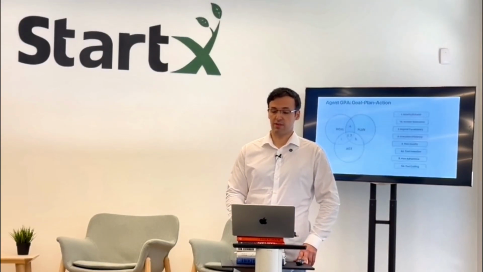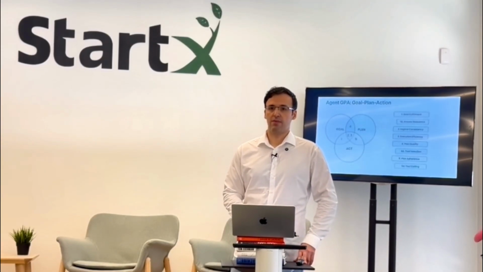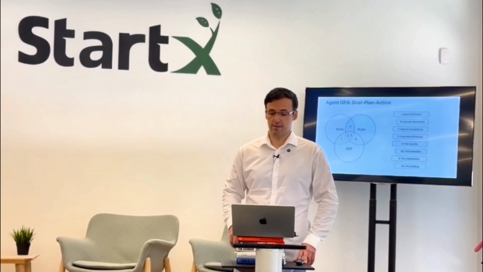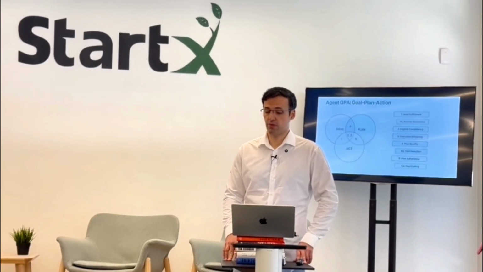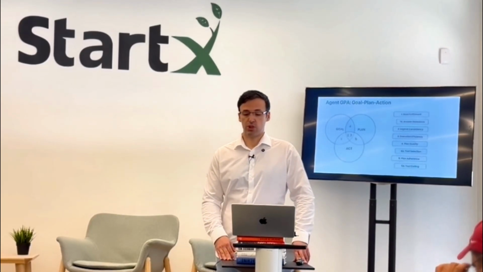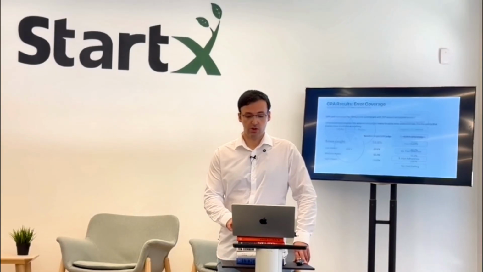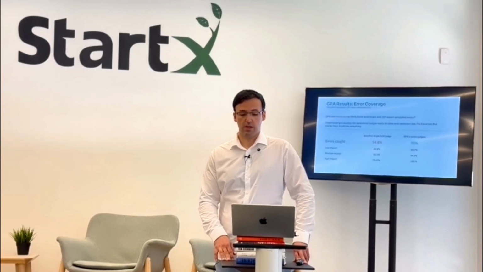So this paper compares this particular framework of using these 7 LLM judges versus a single LLM judge. And it finds that these metrics, like goal fulfillment, answer relevance, logical consistency, execution efficiency, plan quality, tool selection, plan adherence, and tool calling, are able to catch almost 40% more errors than the single LLM judge.